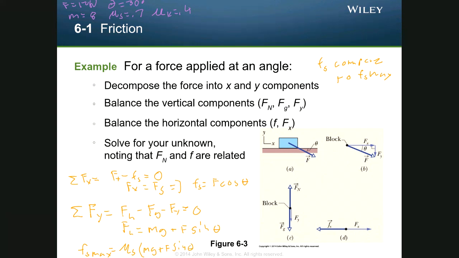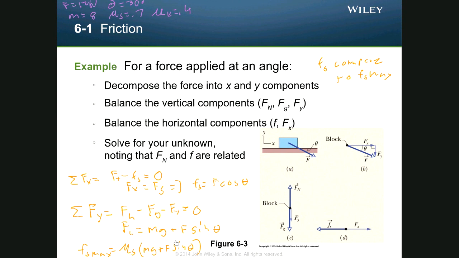And now we're cooking. Now we're in business, because now we have both values, right? We've calculated the maximum static friction, right? And we can then compare that with the actual value of the static friction when the force applied is equal to 12 newtons. All right, so you can plug all the numbers in and you can answer the question.